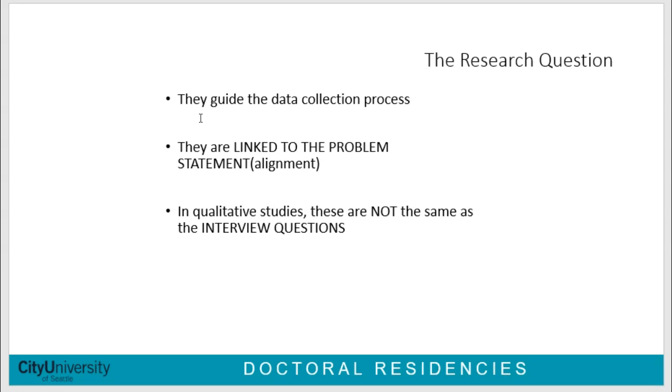So make sure that you're aligning the research questions so that they solve the problem, or help to solve the problem, and fulfill your purpose. And then if you're doing qualitative or if you're doing quantitative, your hypotheses or your interview questions come from that space. They will answer the research questions.